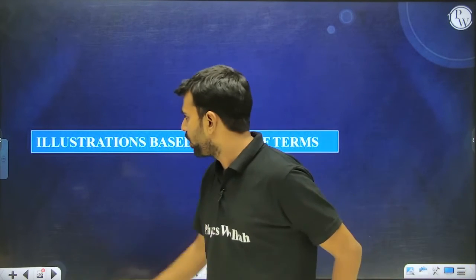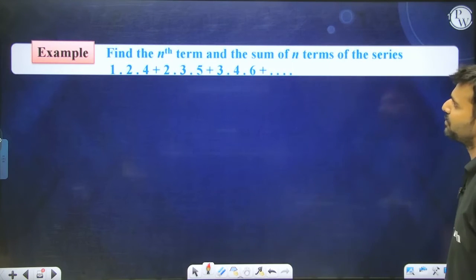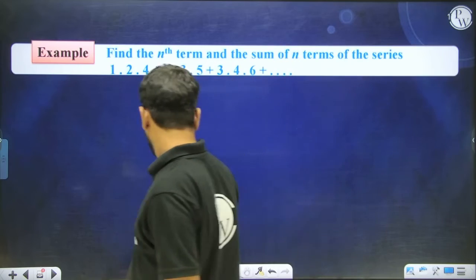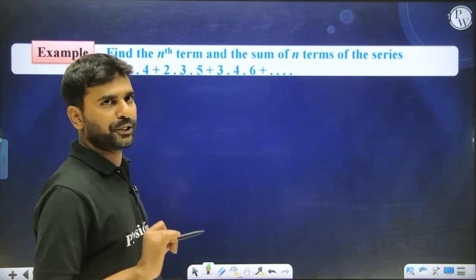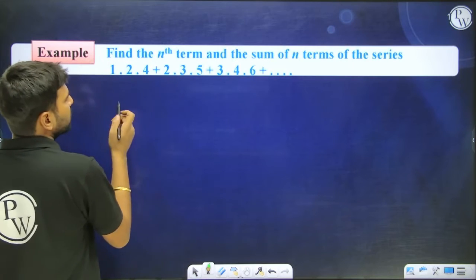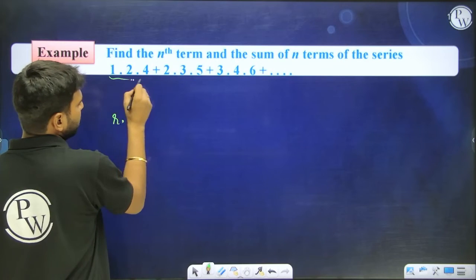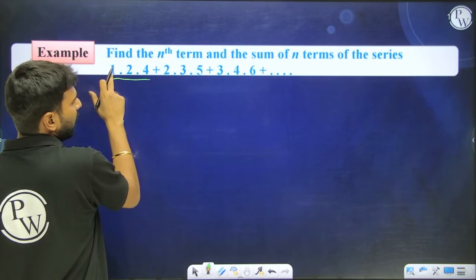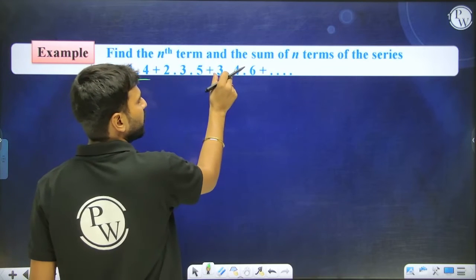Alright, moving on to this particular thing, find the nth term and the sum of the n terms of this series. Now there is a variety of questions in summation series in which you need to write down the general term. Like over here you need to write down the general term. Over here observe a trend: the first term is, let's say r, so this is r equal to 1, this is the second term, so over here it is starting from 2, this is the third term, so over here it is starting from 3.